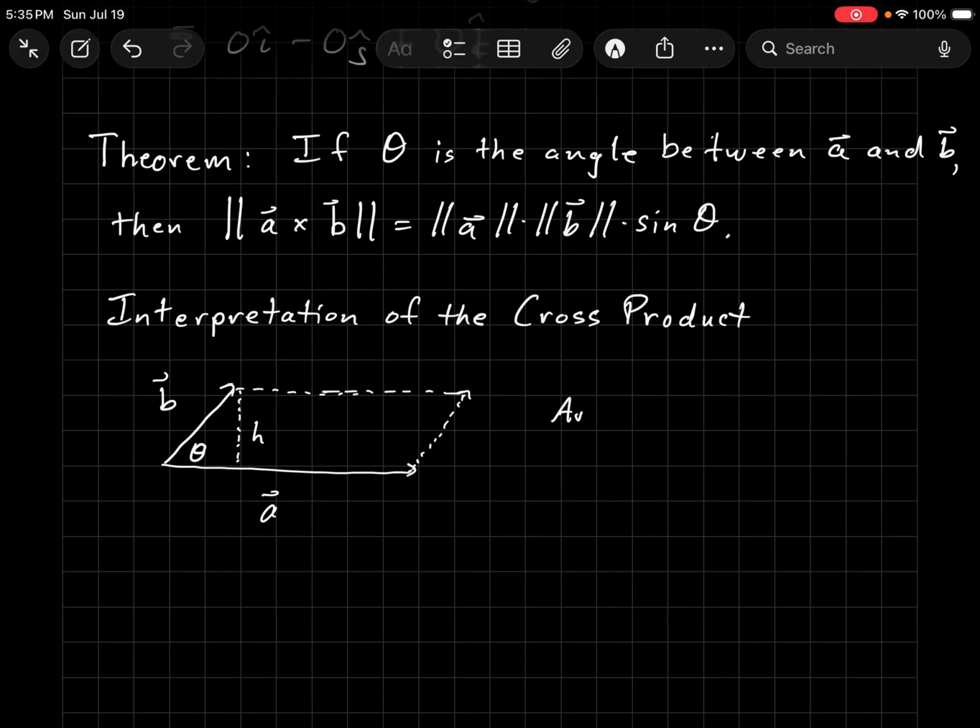Notice that the area of the parallelogram is base times height. So B for base, not B for the vector B, and then base times height.